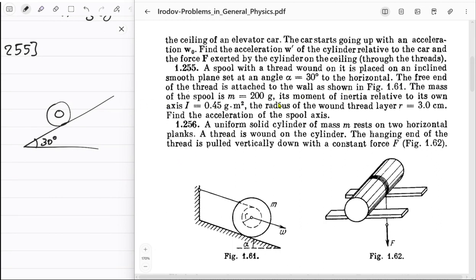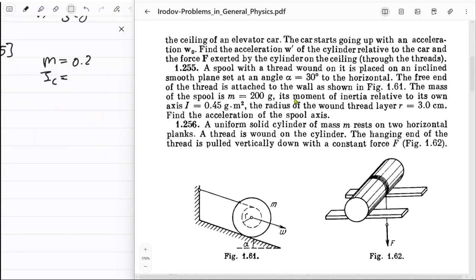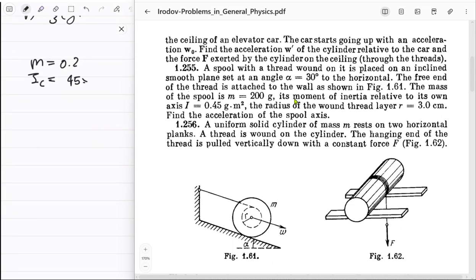The mass of the spool is given: m is 0.2. The moment of inertia about its own axis, IC, is 45 times 10 power negative 5. And the radius of the wound thread layer is 3 centimeters, so R is 3 times 10 power negative 2. M is just 0.2.